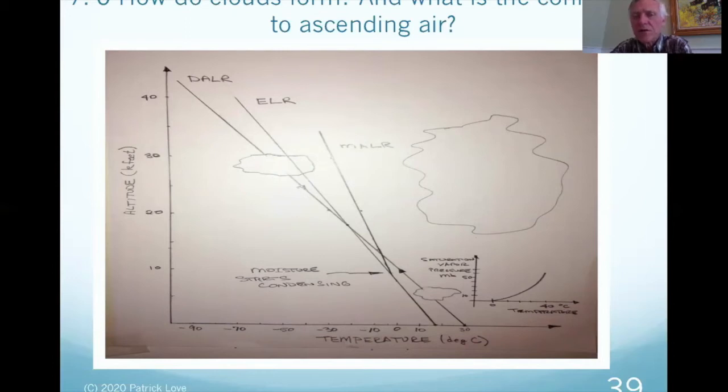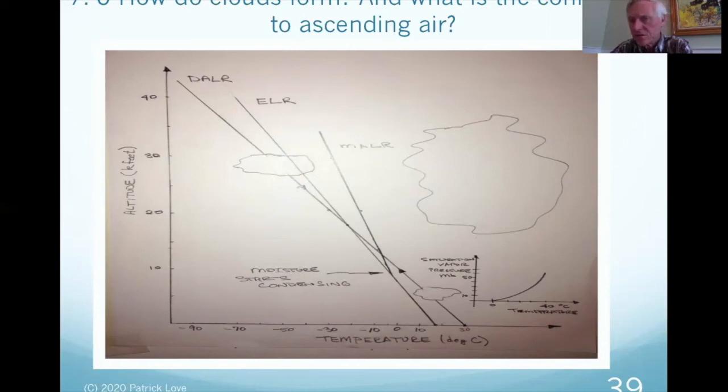So the one that's labeled the DALR, we'll start there. If you have a parcel of air in contact with the ground, and let's say you get a particularly hot day, the ground heats up, that parcel of air will start to rise.